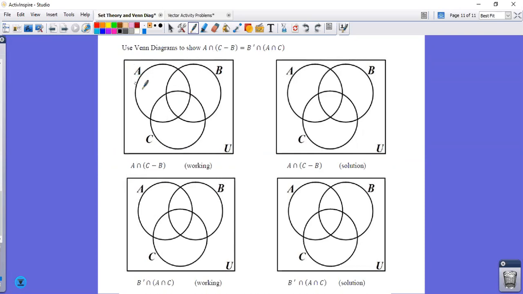All right, so this same thing, we have three. If I can show that this and this have the exact same shading, then they're equal statements. So first, C minus B are these two areas. A, here, here, here, and here. So where do they intersect? Just where two X's are.